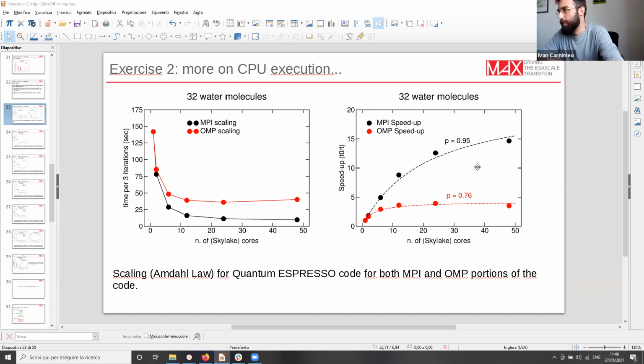Neglecting communication latency, so just focusing on the code, we can say that the parallel portion with MPI for Quantum Espresso is 95%, whereas OpenMP is 76%. So since Quantum Espresso mainly relies on MPI, MPI is more efficient in these calculations. But there is a but.